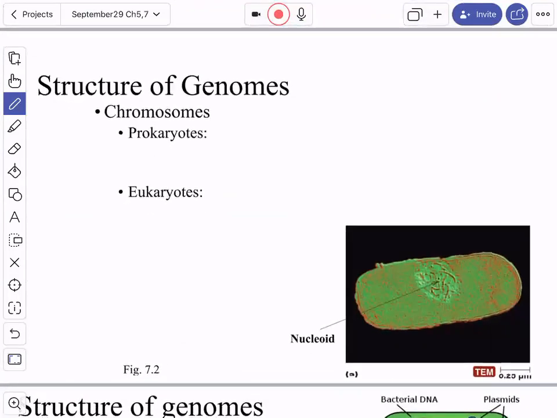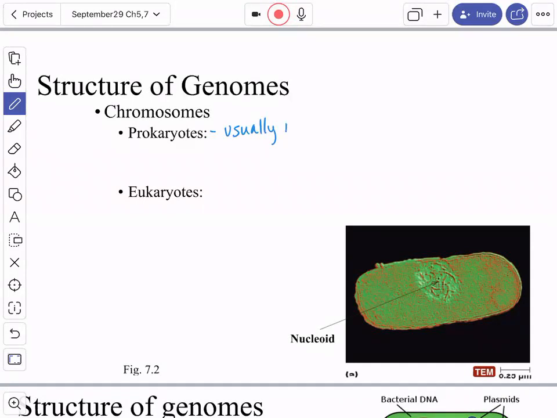So what form does the DNA take in prokaryotic organisms? A little different than eukaryotes. In prokaryotes, we typically only have one chromosome. I think maybe we mentioned this before when we were talking about cell structure.